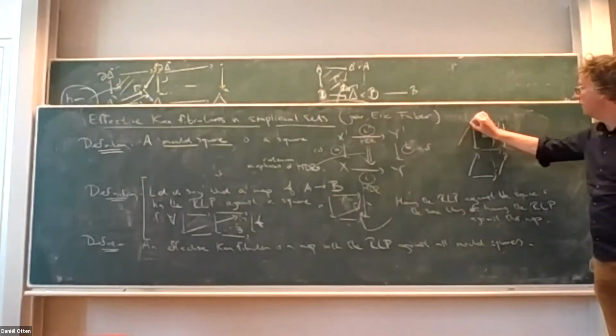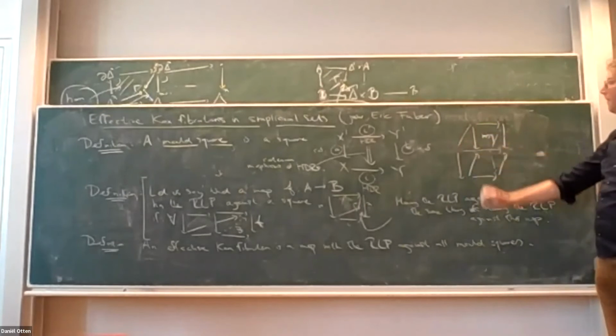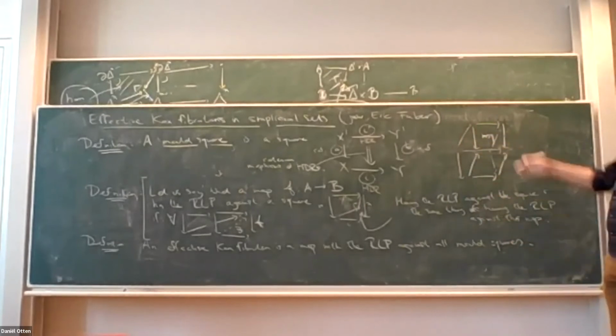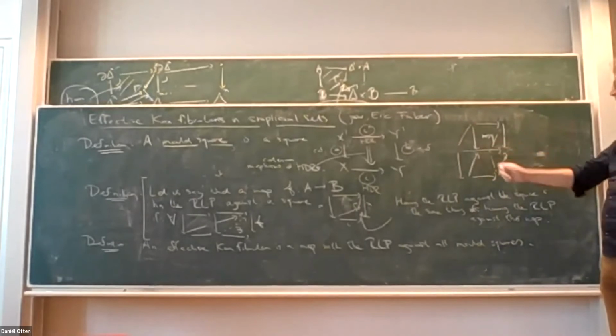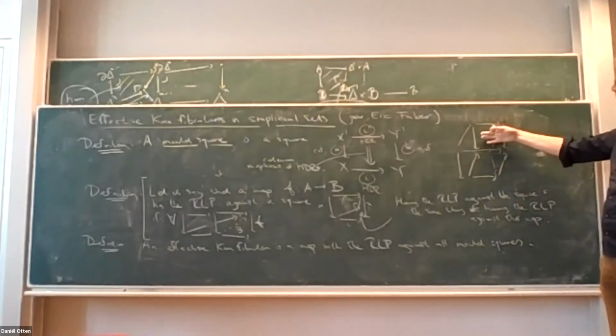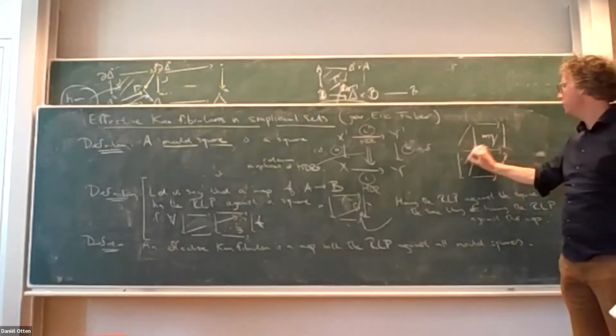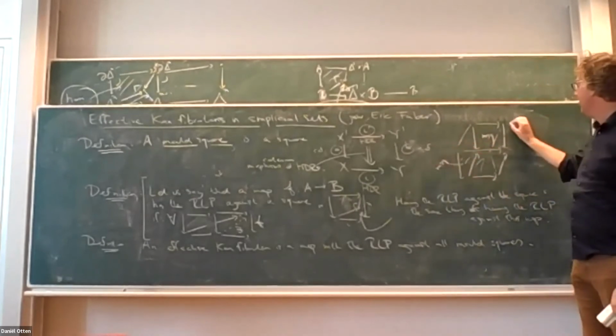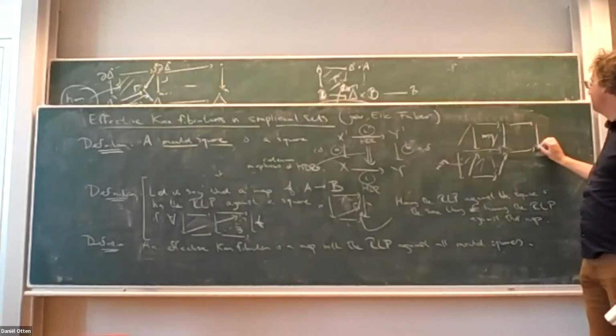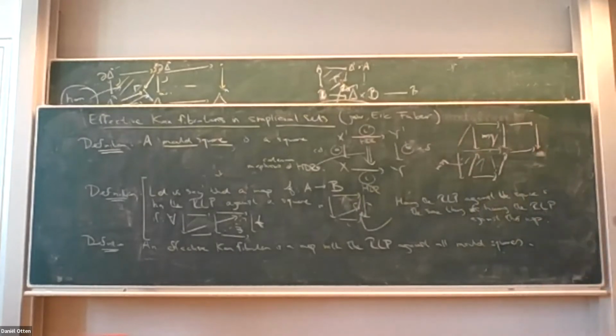So I get a mold cube over here, if you want. And if we start with the back face of a cube and the bottom of the cube, I can pull back this mold square, and the front of the cube is also going to be a mold square. And that also gives me a very natural compatibility condition for these lifts against mold squares.